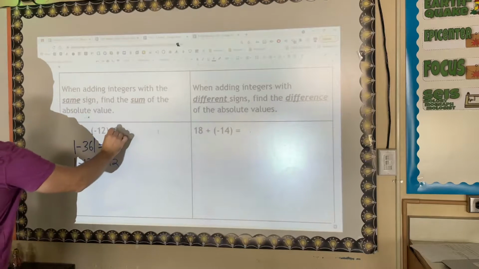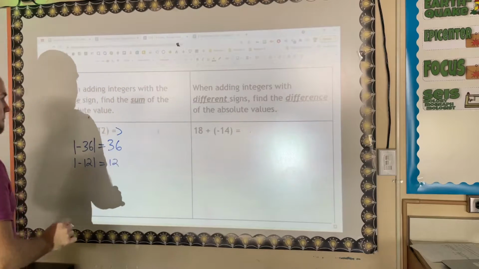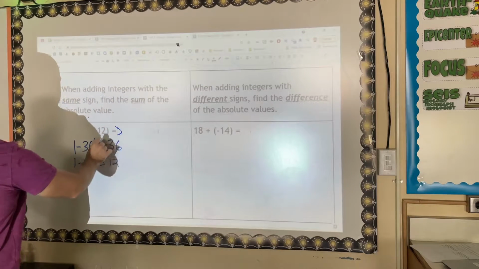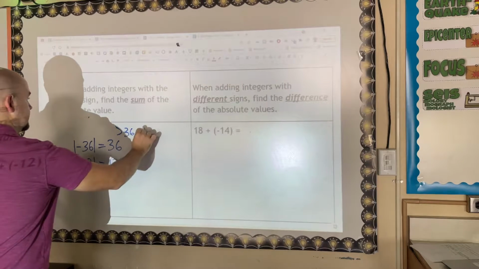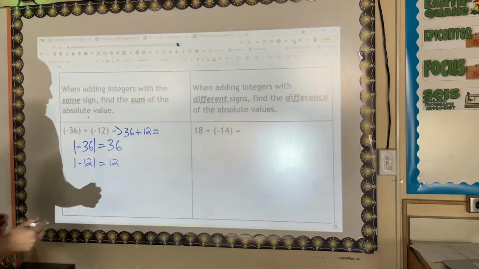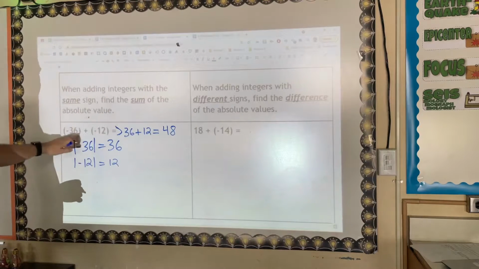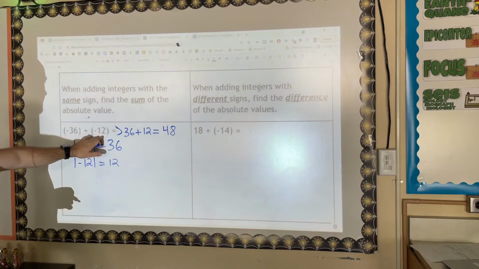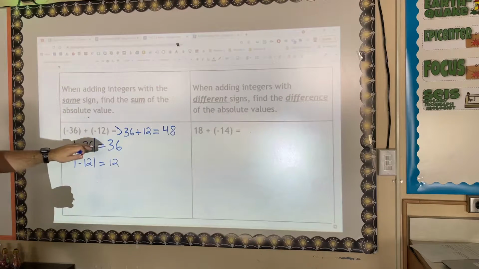This right here, there's a term for this. I think it's like therefore or becomes or something like that. So this equation becomes 36 plus 12, and our answer is going to be 48. So negative 36 plus negative 12 is going to be 48.